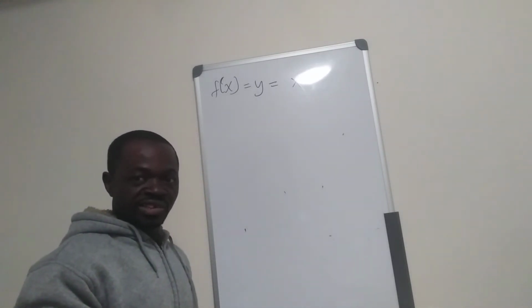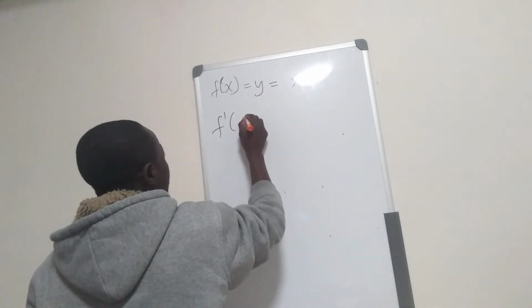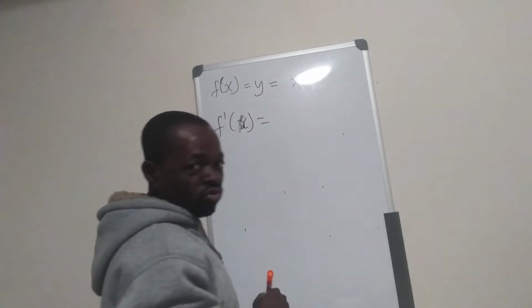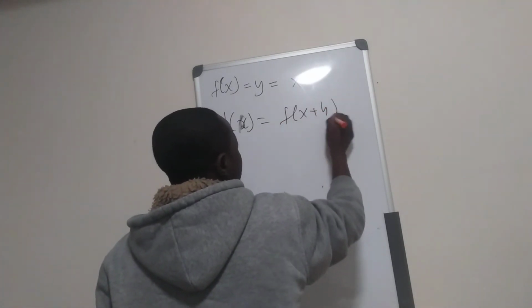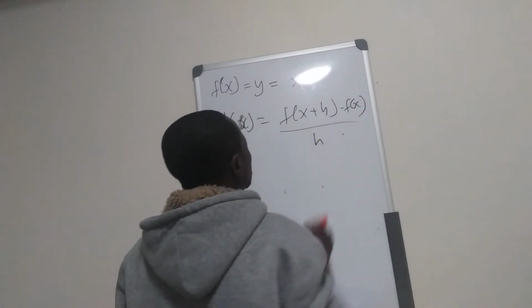To differentiate this, you have to use a formula. Let's say f prime of x is equal to f of x plus h minus f of x, all over h.